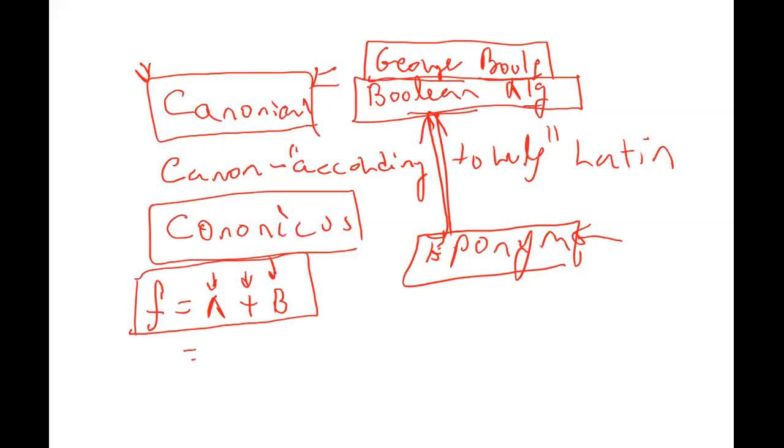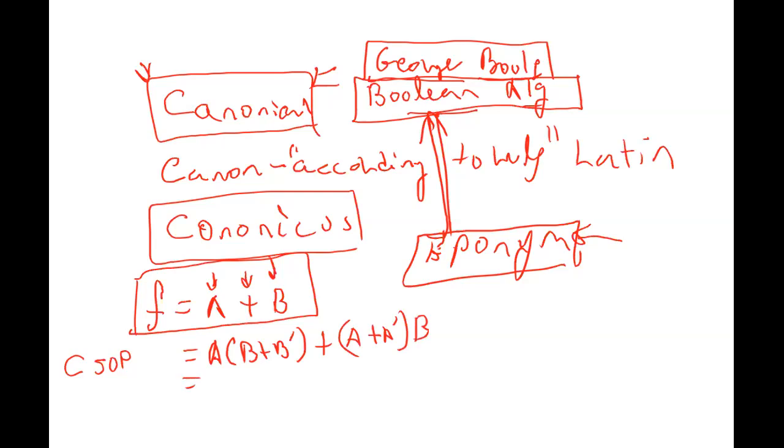And the answer is the canonical sum of products, which I'm going to abbreviate as CSOP, equal to A times (B or B inverse), which we know is also a form of 1, plus (A or A inverse), also a form of 1, times B.